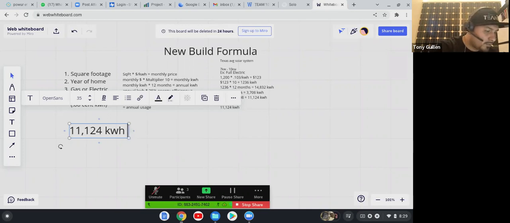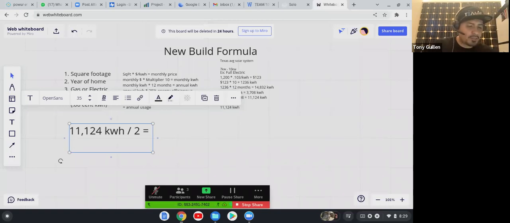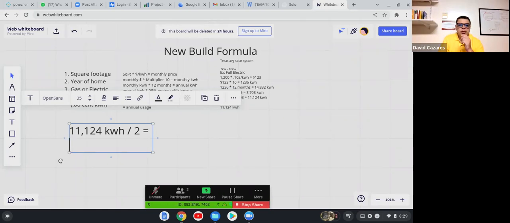We're going to divide this by 2, because we're going to split it down the middle: 6 months of summer and 6 months of winter. So when we get this number, this is 11,5562.